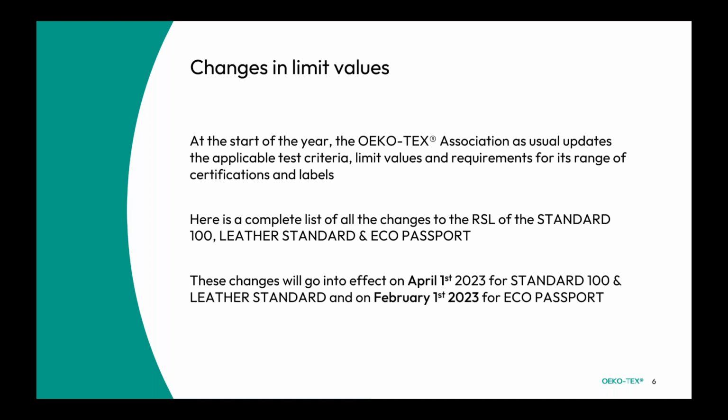Here we will be presenting a complete list of all the changes to the RSL, the restricted substance list of the Standard 100, the Leather Standard, and the Eco-Passport. These changes will go into effect on April 1st, 2023 for the Standard 100 and the Leather Standard. However, for the Eco-Passport, these changes will go into effect this year on February 1st. So please be aware of that.